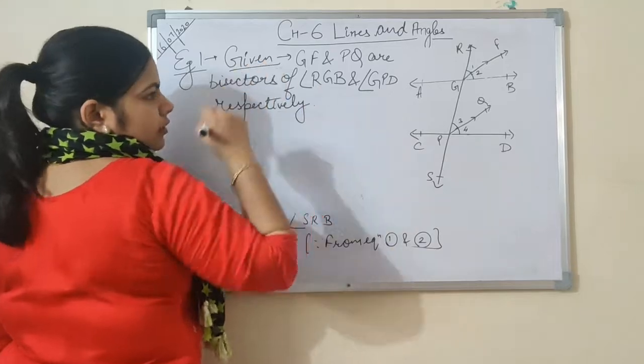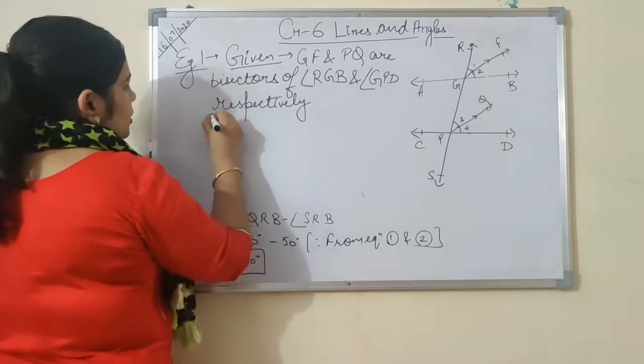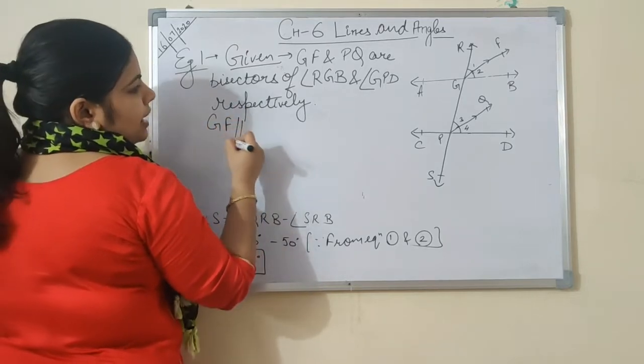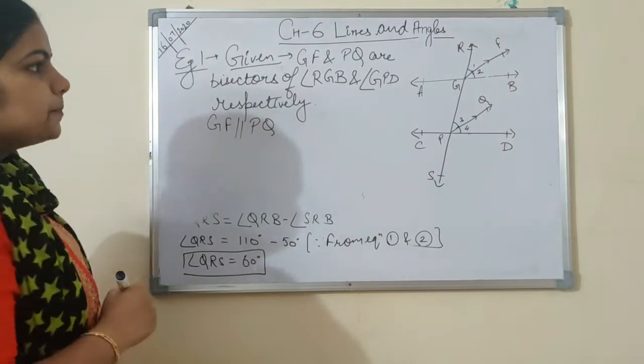Is this clear? Okay, this is given. And what else is given? That GF is parallel to PQ. This is given. Is this clear?